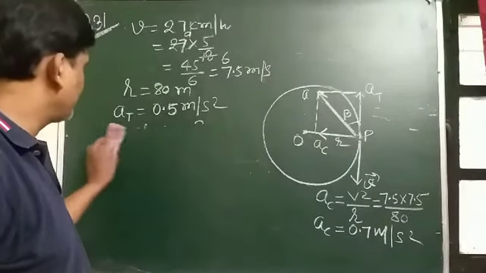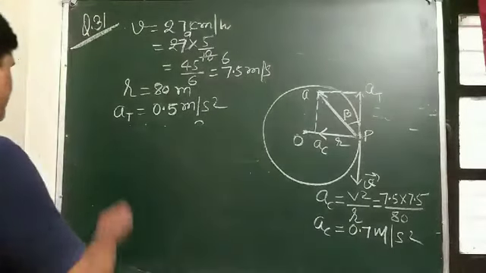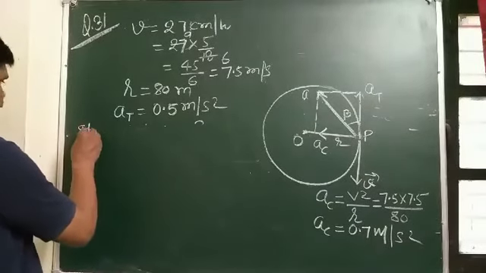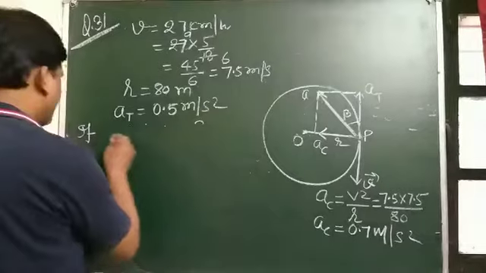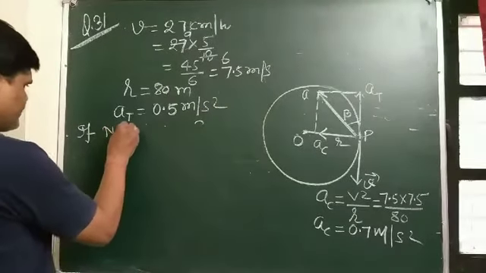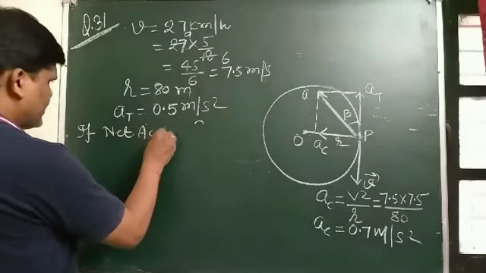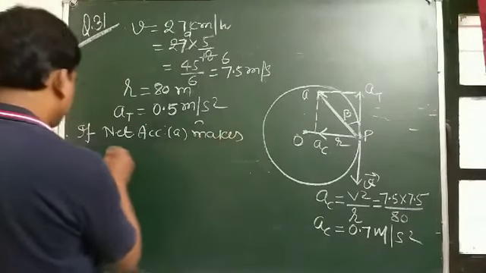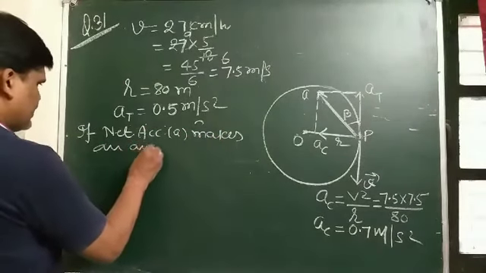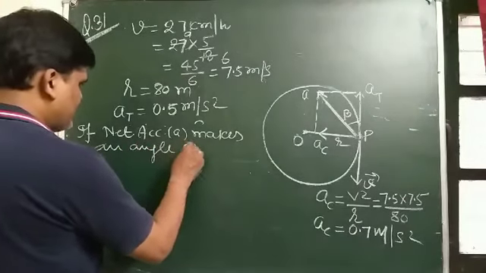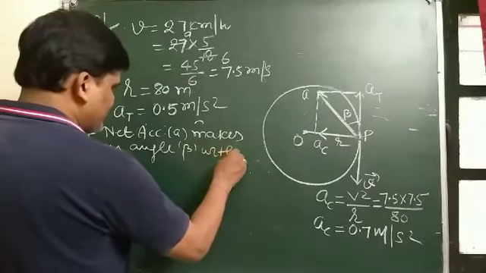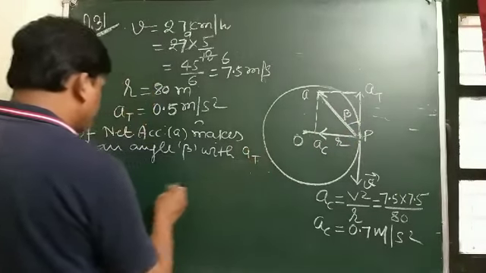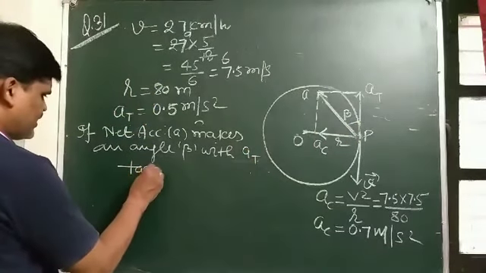Next, that is what? If net acceleration A makes an angle beta with AT, meaning tangential acceleration, so we use this to find the direction of net acceleration.